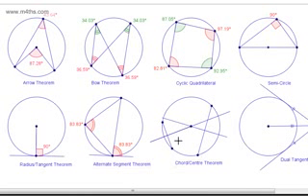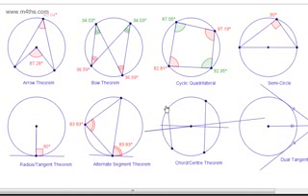If we now look at this one, we have now the chord centre theorem. When we have a chord, which is just the line from the circumference to the circumference, a chord is essentially a diameter that doesn't go through the centre. If we have a perpendicular bisector of that chord, it will always go through now the centre. So wherever I go with this, we end up now going through the centre of the circle.